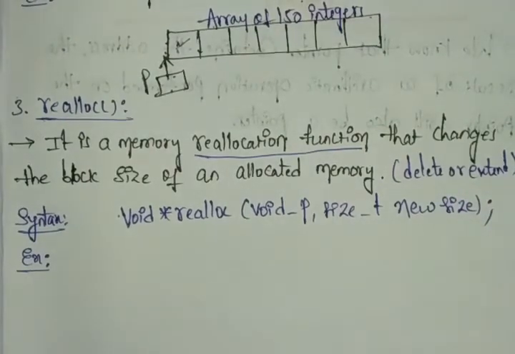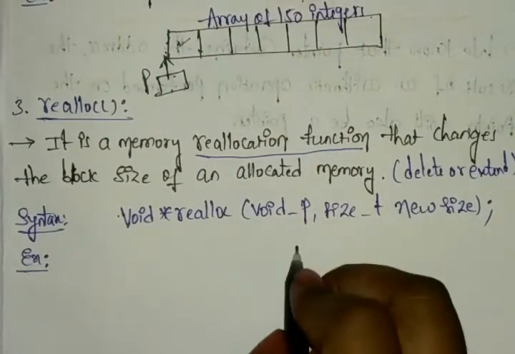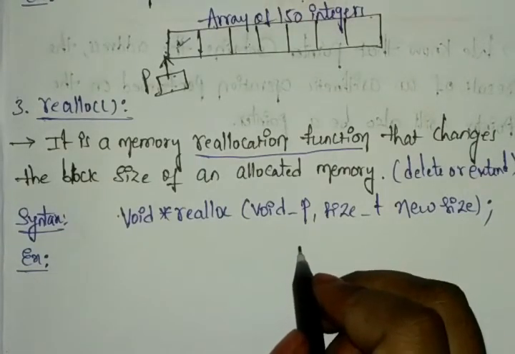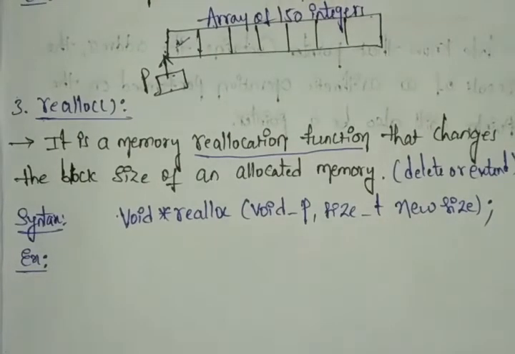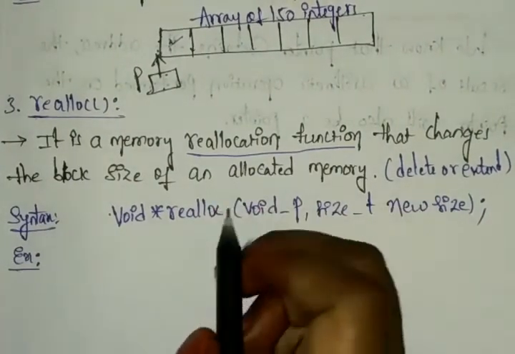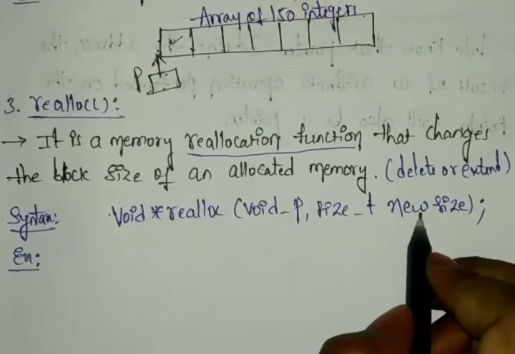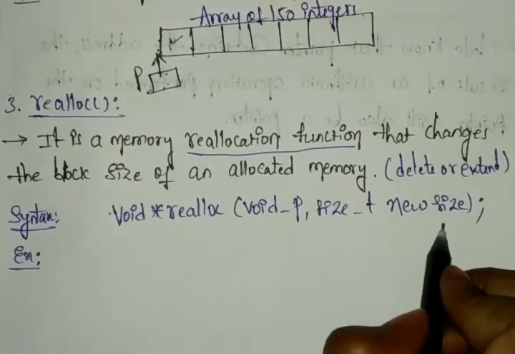Here p indicates the pointer to the first byte of the allocated memory block, and next we have the new size. It specifies the new size of the block.